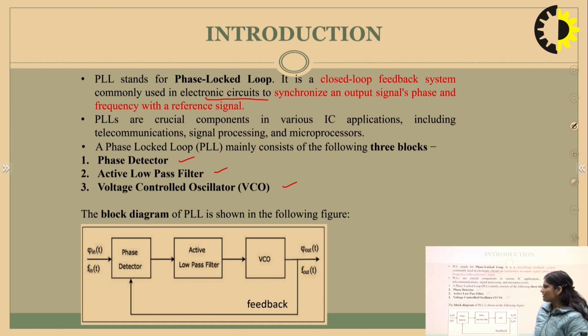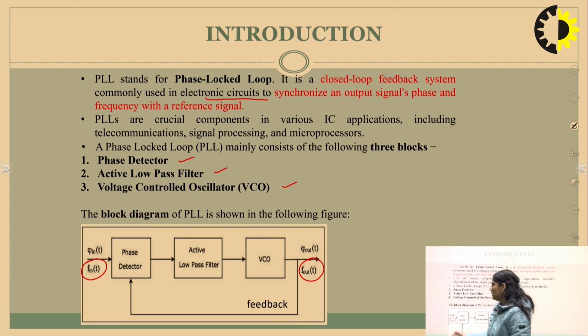Now, this is a block diagram of PLL where you have block components like phase detector, low pass filter, voltage controlled oscillator, and here we will get the output frequency. So, what is the purpose of this PLL? In this PLL, output frequency should be matched with the input frequency which is applied at the phase detector.